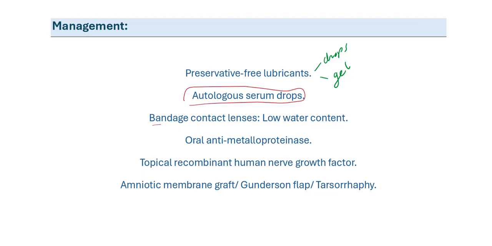Afterwards is bandage contact lenses. This is something that's available everywhere and handy. Bandage contact lenses, as per their water content, can be classified into low water content, medium, and high.